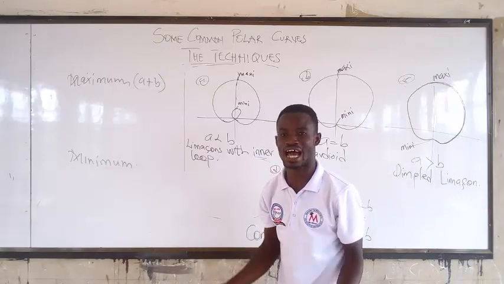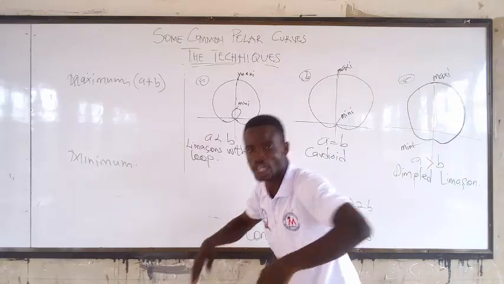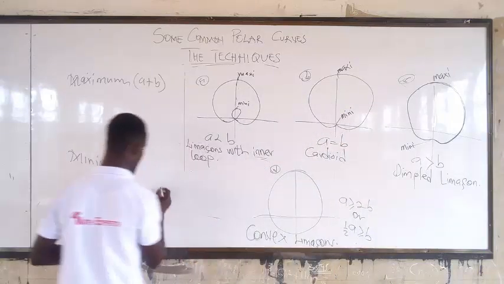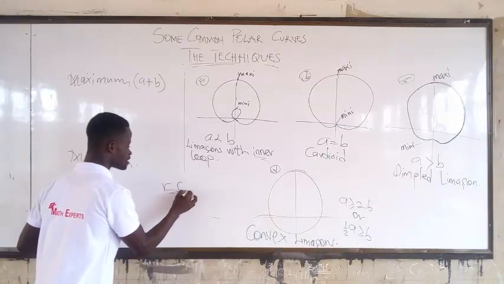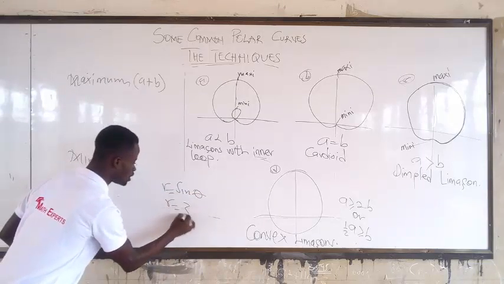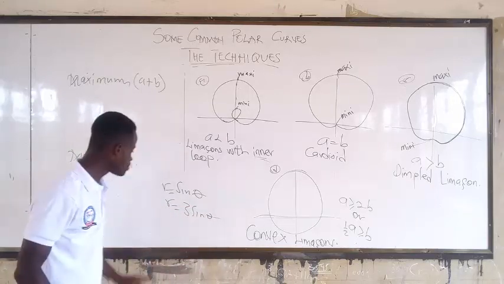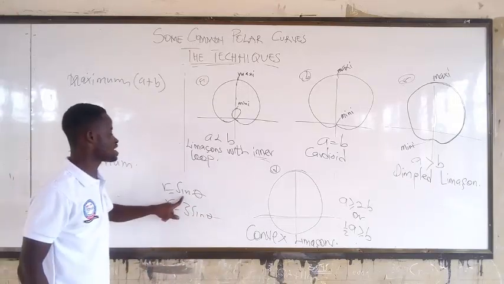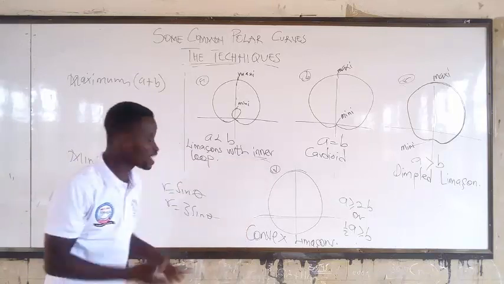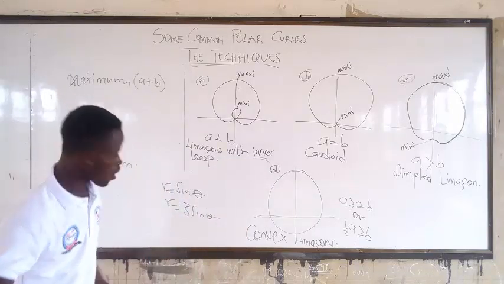So we know that the maximum is always telling us how enlarged it's going to be, because we know that r = sin theta is going to be like a circle. r = 3 sin theta is also going to be like what? A circle. But know that this one will be large. The alignment of this one is not going to be the same as sin theta. Alright.